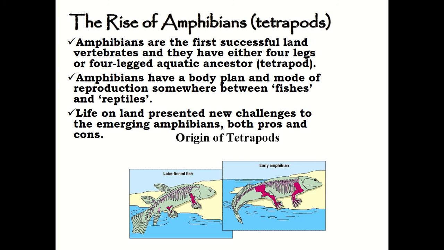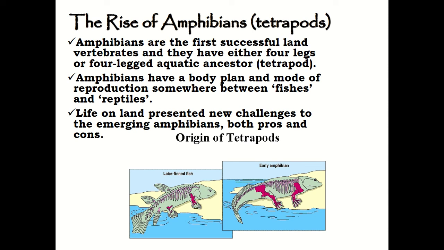So next, we have already learned about animal evolution, invertebrates, and also some of the examples. Now we're going to look at the rise of the amphibians, which is also under the subphylum of vertebrates. Amphibians, also known as tetrapods, meaning they have four legs.